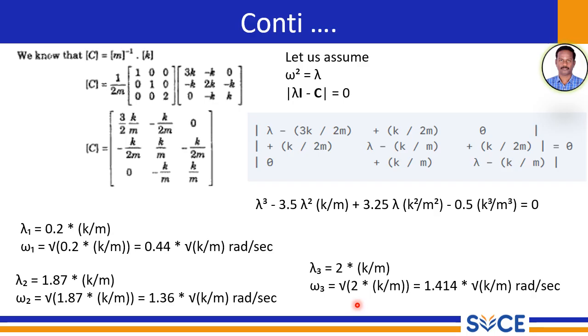Understanding these frequencies is crucial in designing systems to avoid resonance, which can lead to catastrophic failures. This example demonstrates how the matrix method can be systematically applied to determine the natural frequencies of multi-degree of freedom systems.